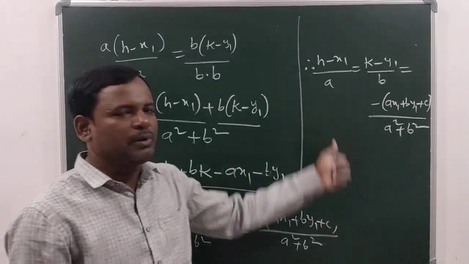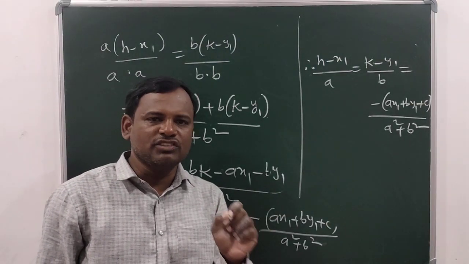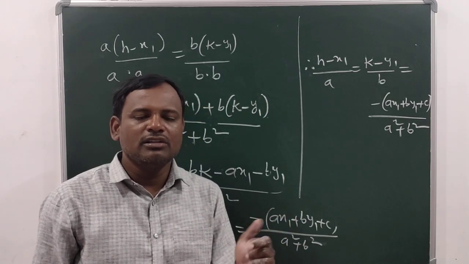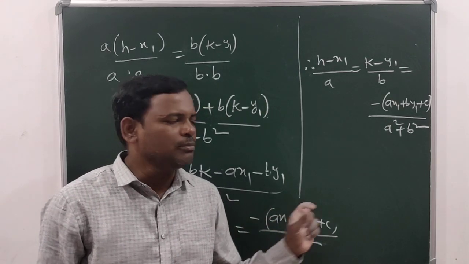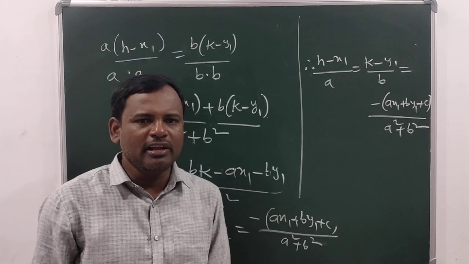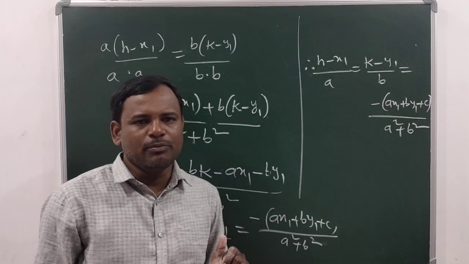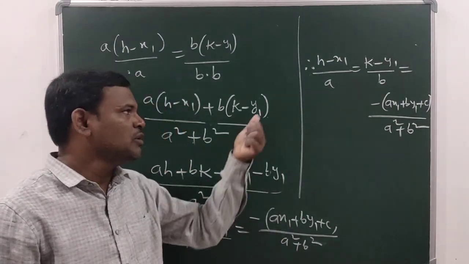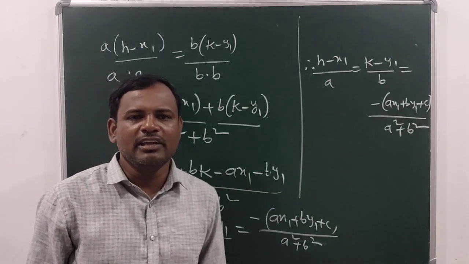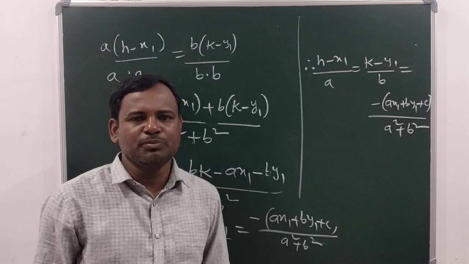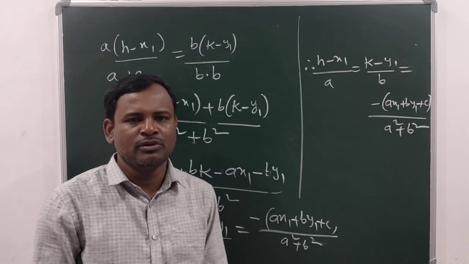So in the problem, they will give you x1, y1, meaning coordinates of p, and a, b, c are the coefficients of terms of the line equation. You will get a, b, c from the line, and x1, y1 is the given point. Substitute those things in this formula and go for simplification, so that you will get h comma k, our required foot of p with respect to ax plus by plus c equal to 0.